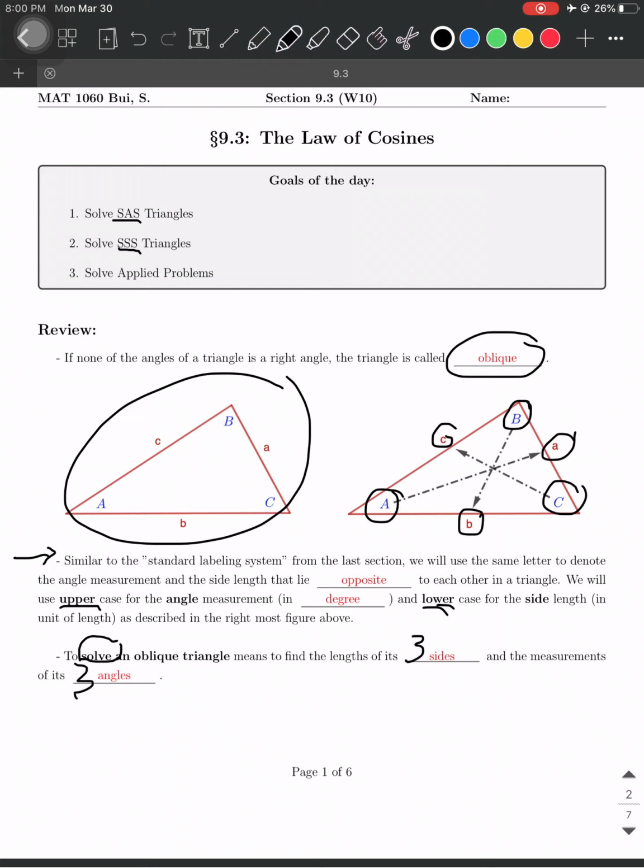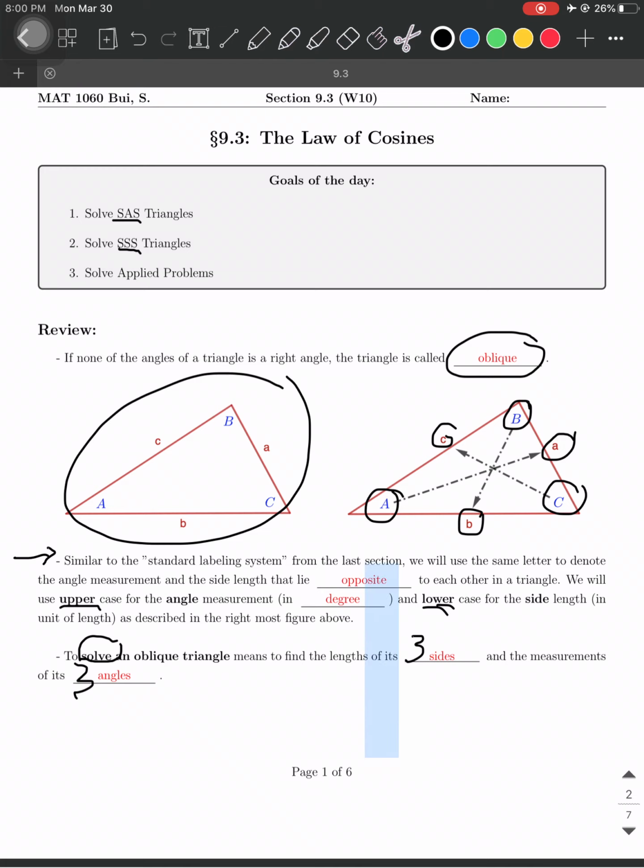So chances are the problem will give you 3 data among the 6, and we have to find the other 3 data, okay? You experienced it with 9.2 already, so you should know what I'm talking about. But if I confuse you, please let me know, okay? You can contact me on GroupMe or email or just Zoom meeting, okay?